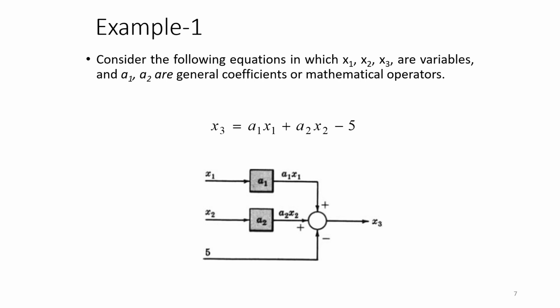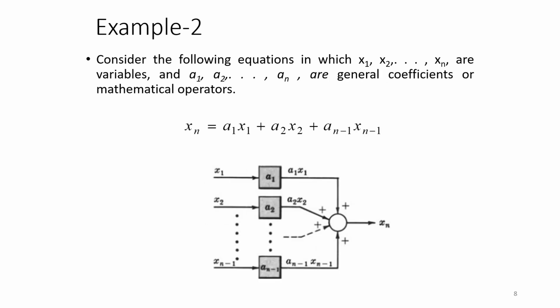This is another way of representing the same system. These are a few other examples where I can have a system output with a polynomial equation like this, where you can have n number of coefficients which are getting multiplied with the corresponding inputs, and they are getting added here.